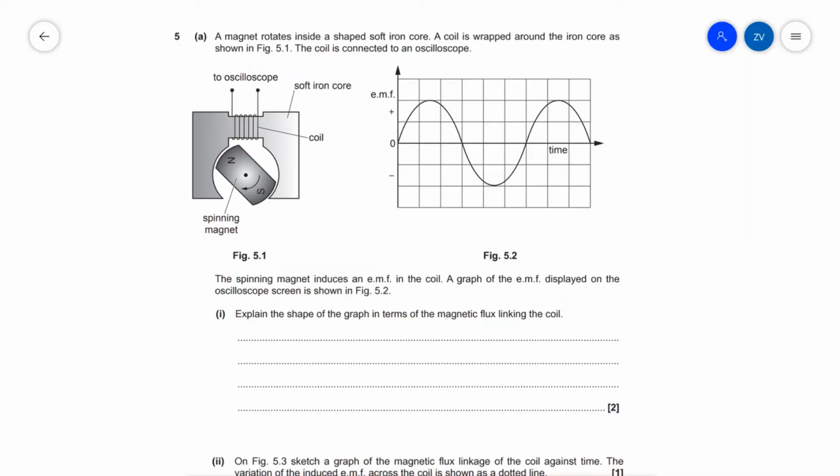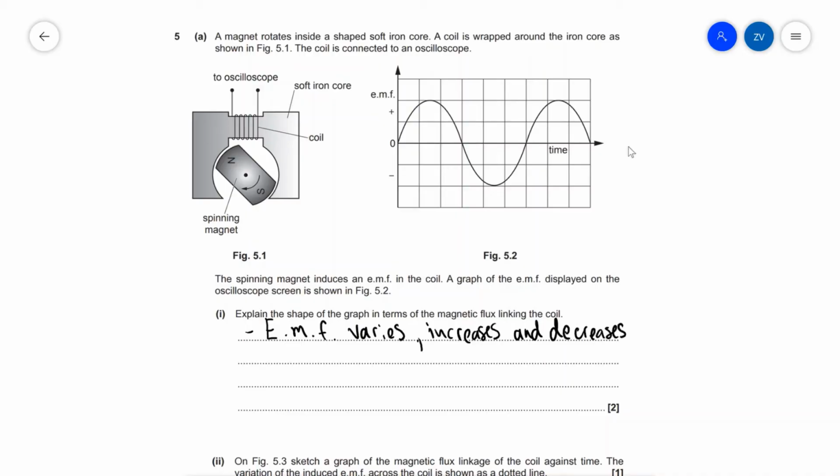So question 5, we have a rotating magnet and we have a graph of the induced EMF against time. Now explain the shape of the graph in terms of the magnetic flux linking the coil. Now we can see that this is a sinusoidal graph, so in other words the EMF varies, so we can just write this down. So the EMF varies, so that means that it increases and decreases.